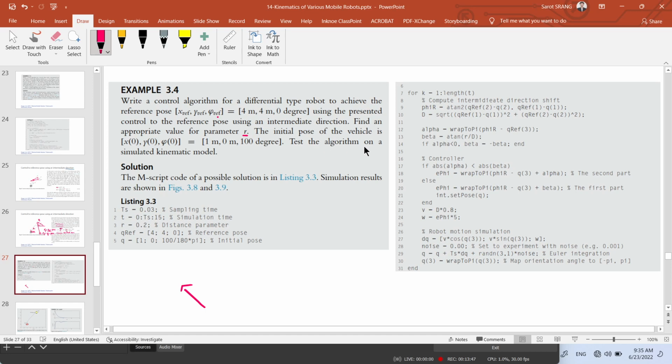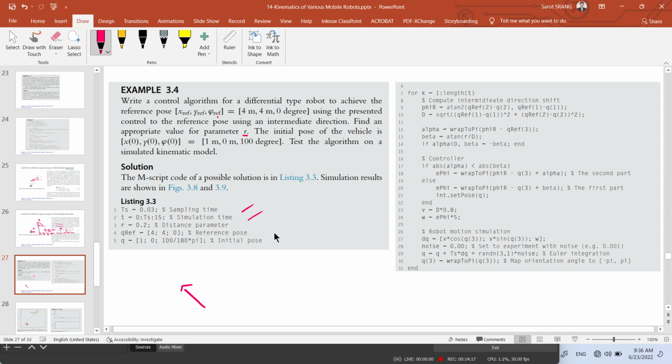So test the algorithm on a simulated kinematic model. Use MATLAB script code. Again, similar to the previous example, first we define the sample time and set up the duration of the simulation from 0 to 15 seconds, and we need to update the value of the controller at every sample time.